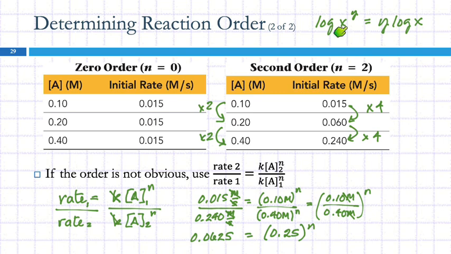So taking the logarithm allows you to pull the exponent down from its perch to where you can deal with it. So if I apply that to this here, that means that n times the log of 0.25 is equal to 0.0625.